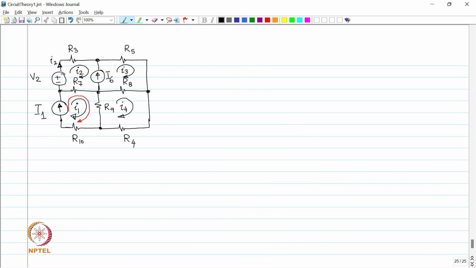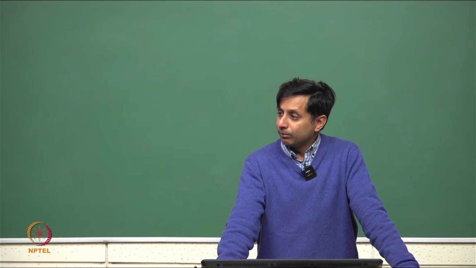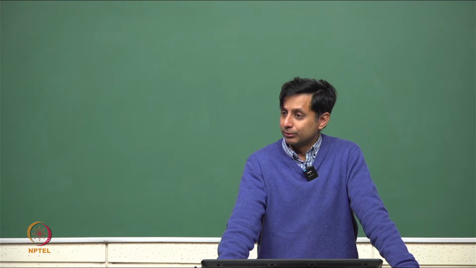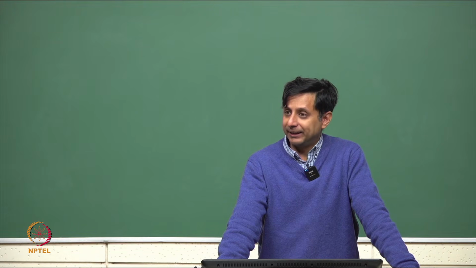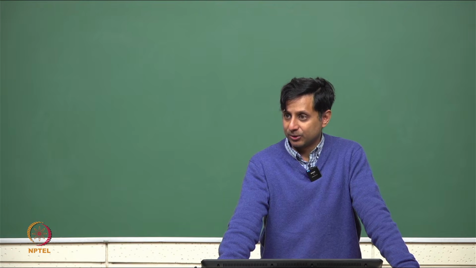KVL for loop 1 is not required, loop 1 is fully solved. Okay. KVL for loop 2, mesh 2, cannot be done because there is a current source involved.